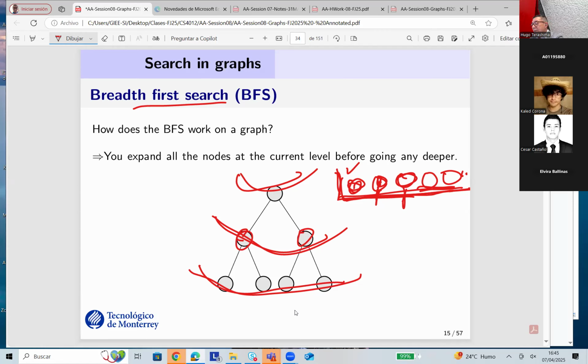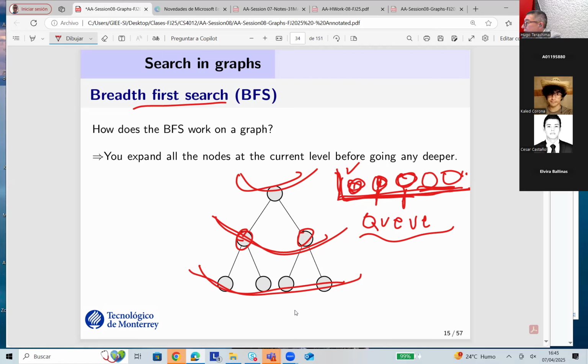What is that? In the breadth first search. What is it? Have you heard of this term?